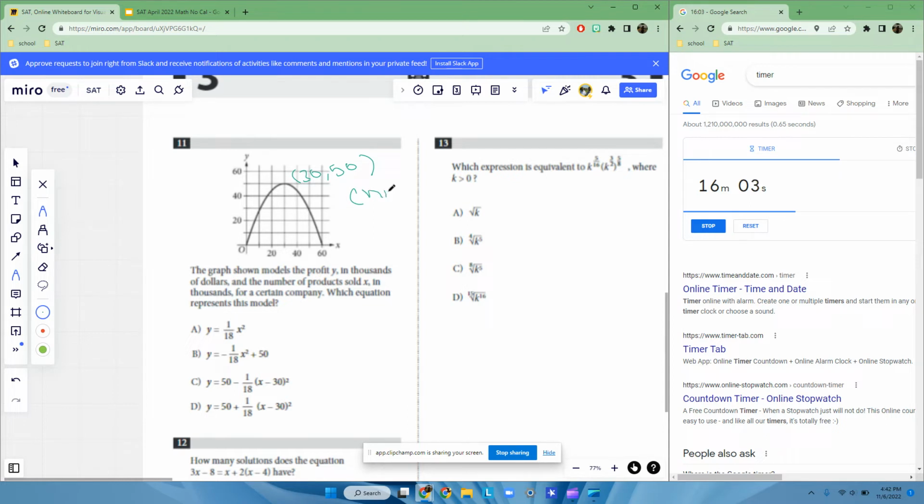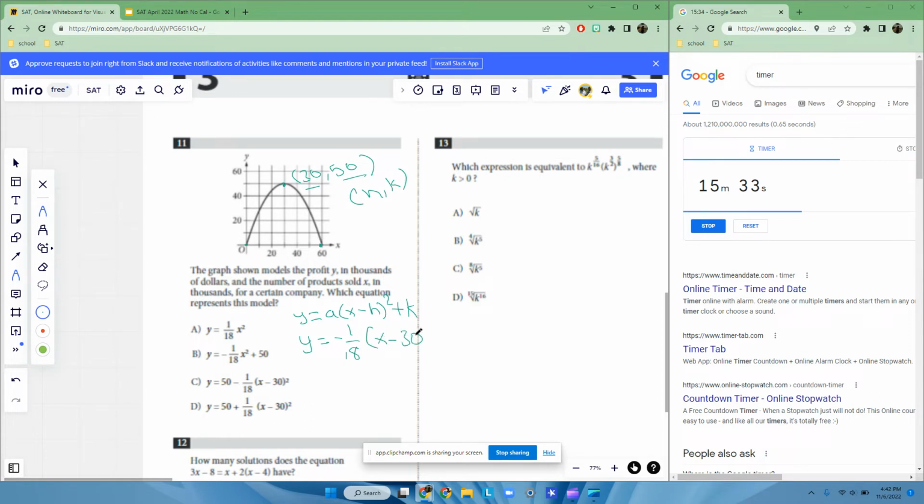So vertex is written in h, k, and this is the one thing you guys will have to remember: y is equal to a(x minus h) squared plus k. So h is obviously the x value, k is the y value, and a is our slope. Our slope is negative 1 over 18 if you just use 2 points, and you can find the slope.